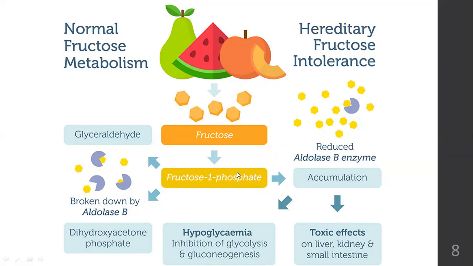Fructose is a carbohydrate. It has a chain of carbon atoms. On the first carbon in that chain, one phosphate ion is added, and that's what goes into your blood. And from the blood, it goes to different parts of your body, usually to the liver, to be converted to something and then stored.